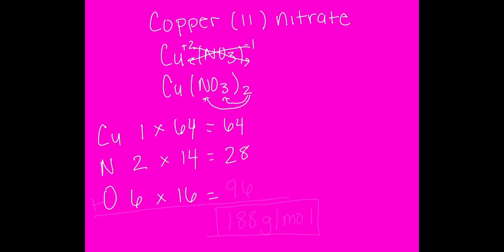And 6 times 16 is 96. Once I get those numbers, I'm going to add them up. So 64 plus 28 plus 96 is 188 grams per mole. And that is my molar mass for copper(II) nitrate.